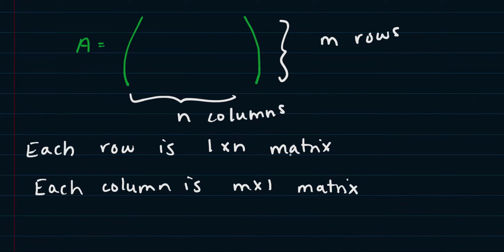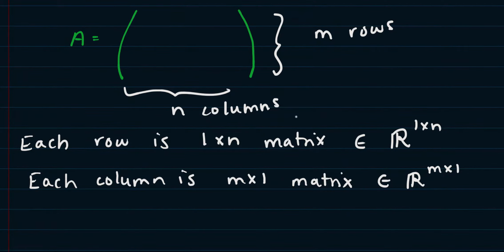Now, that being the case, we can think of the rows as elements in R 1 by n, and we can think of the columns as being elements in R m by 1, or you could just say Rm. Since they're elements in these spaces, we can talk about subspaces involving the rows and the columns. And that's what we're going to call a row space and a column space.